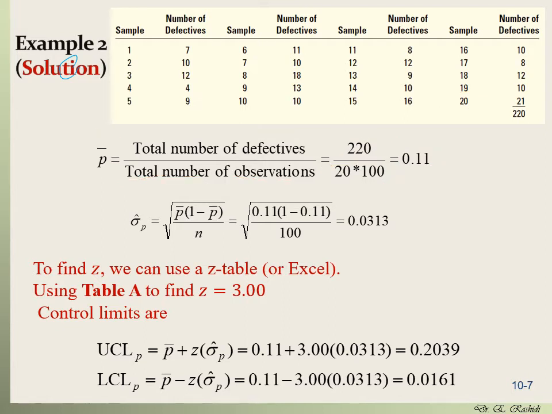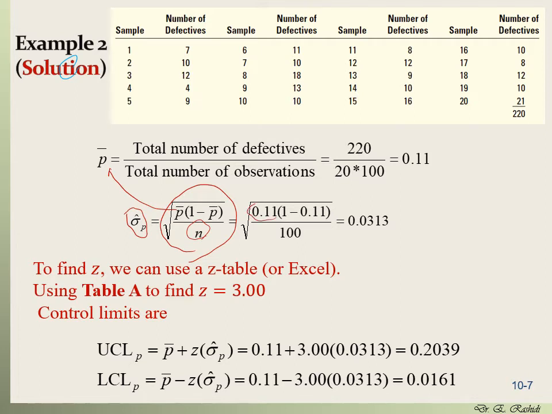Now that we computed P bar, we can compute the standard deviation. Sigma hat would be the square root of P bar that we computed here, multiplied by 1 minus P bar, divided by N. N is the number of data in each sample, which is 100.